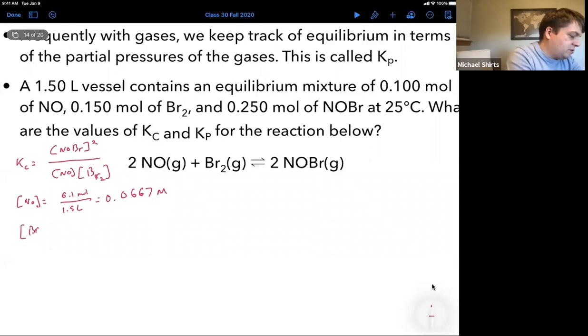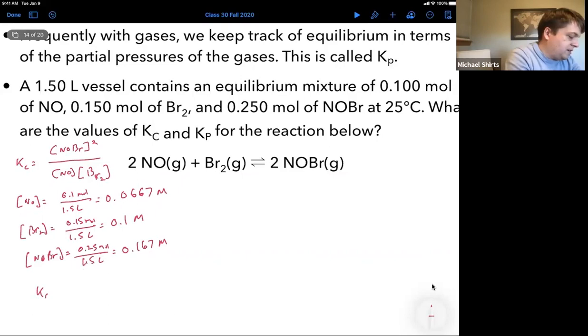The concentration of bromine is 0.15 mole divided by 1.5 liters, 0.1 molar, and the concentration of NOBr is 0.25 moles over 1.5 liters, and this gives us 0.167 molar.